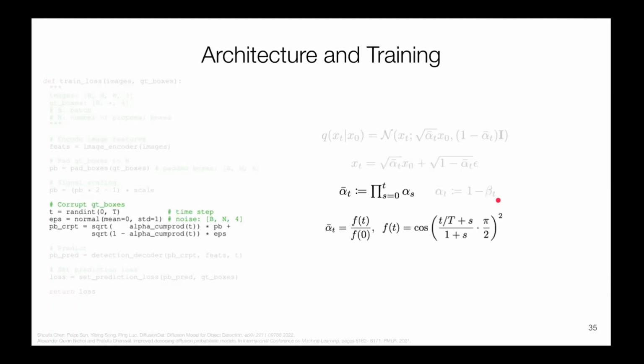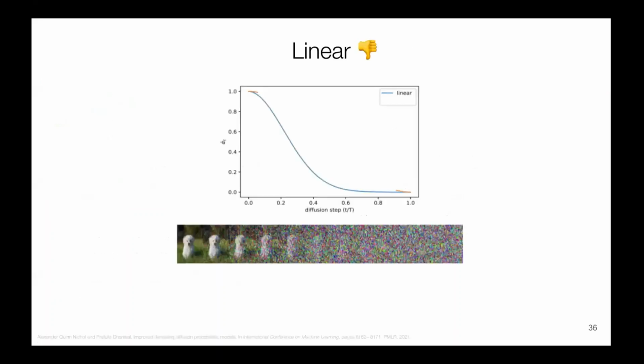The authors choose a cosine noise schedule in this case because they didn't like a linear schedule. In previous works, we used a linear schedule because Jonathan Ho et al. used it in their paper and they just tried it, but they found that the latents are almost purely noise. So it destroys information too quickly. It drops to 0 too quick.